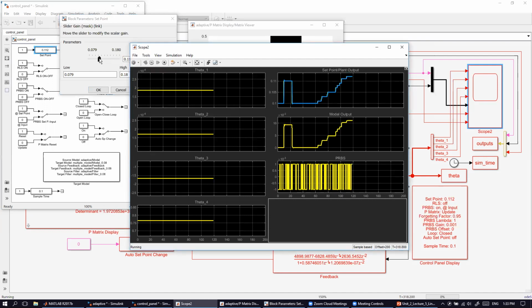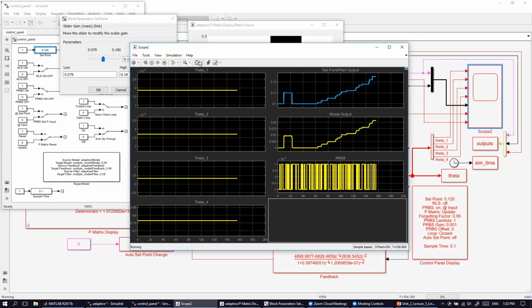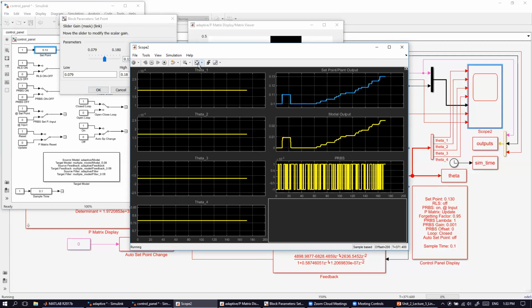I'm going to move it up to somewhere here, and at this operating point the system behaves differently than at the low operating point. The dynamic of this system is different.